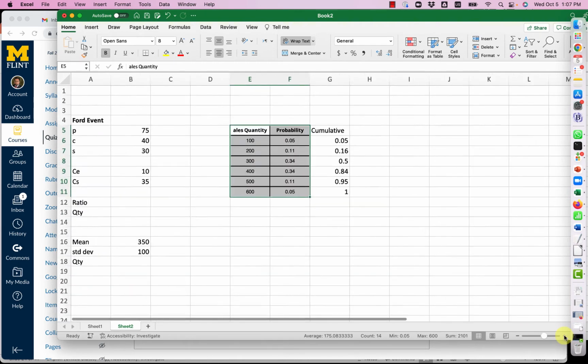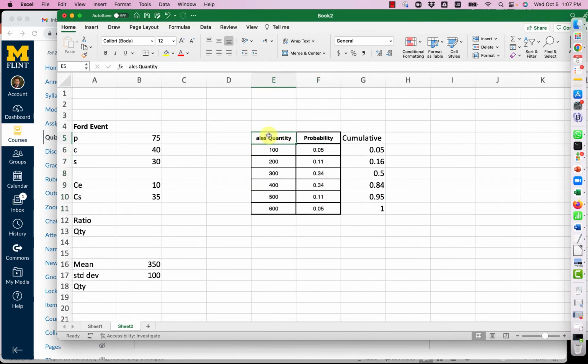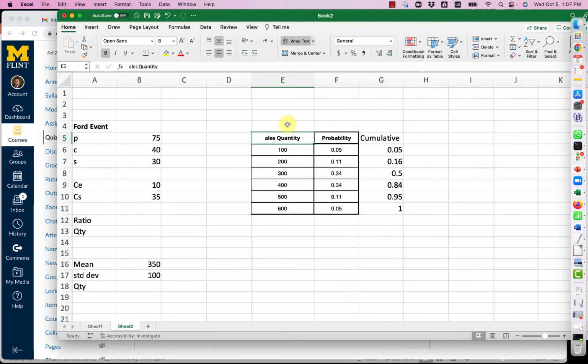I know that the probability of 100 is 0.05. So what is the probability I'm going to be less than or equal to 100? That's simply 0.05. What is the probability I'm going to be less than or equal to 200?